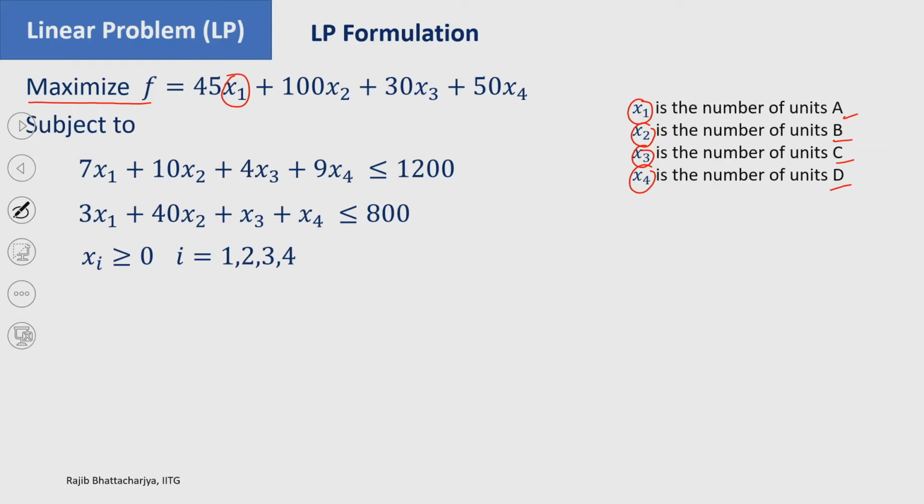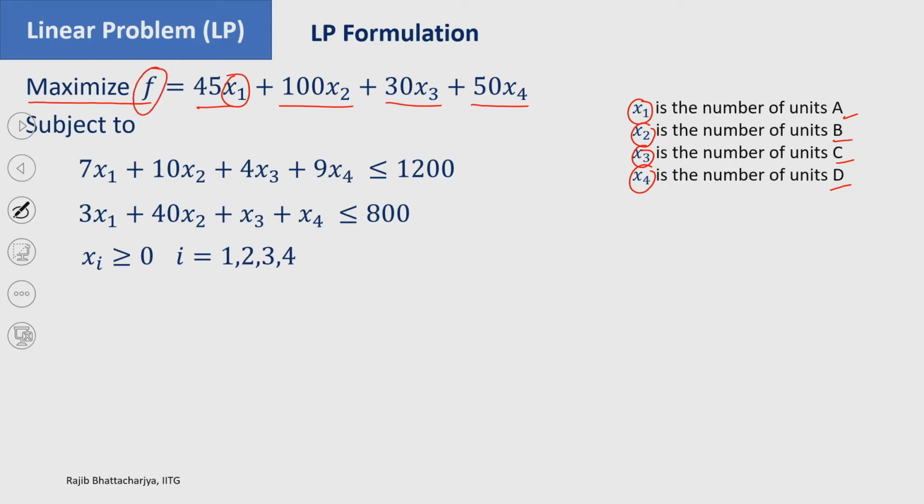Therefore, the total benefit from product A is 45 x1, then product B is 100 x2, then product C is 30 x3 and product D is 50 x4. This is the benefit we are earning, so the objective function is to maximize this benefit.